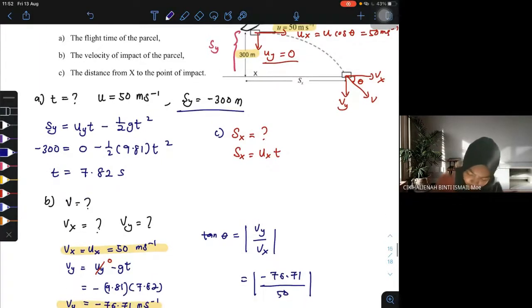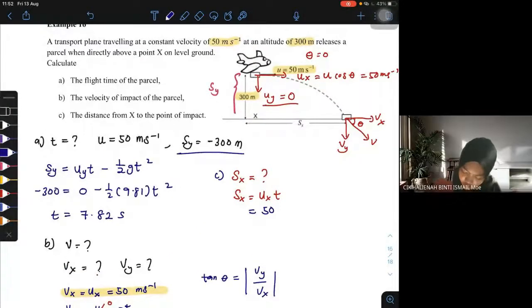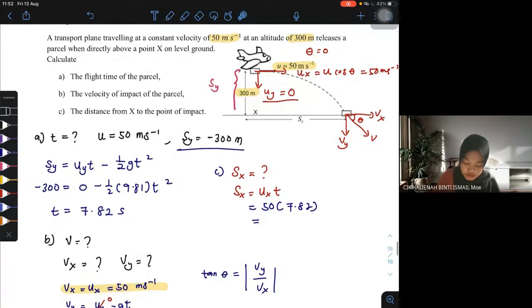Sx is equal to Uxt. Ux kita sama dengan berapa? What value is it? 50. And then value for t, the time is this one, right? 7.82 seconds. Okay, because this is the time of flight from this point to this point.